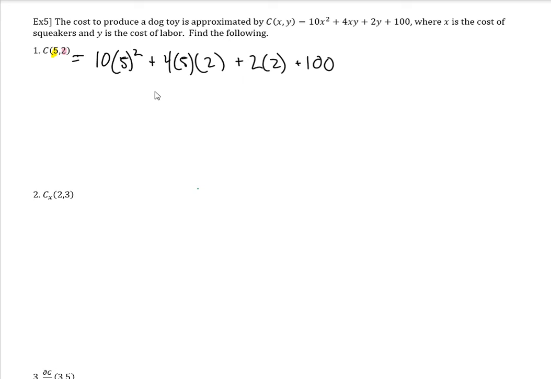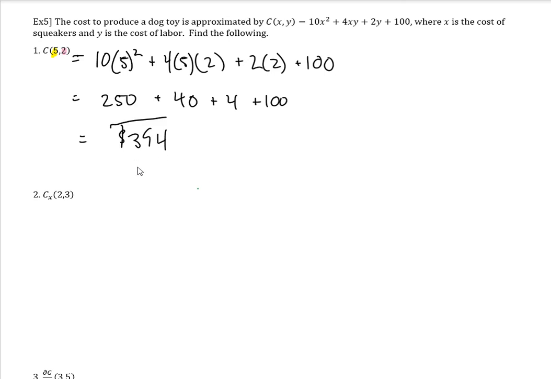Now it's just order of operations. 10 times 25 is 250, plus 40, plus 4, plus 100. All of this simplifies into 394.